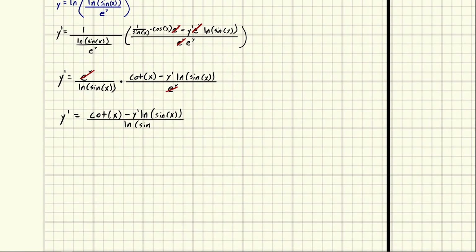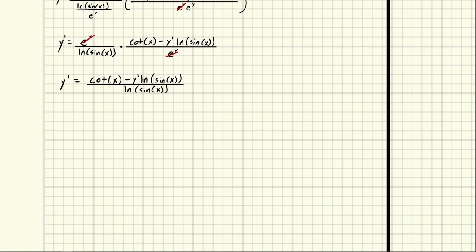This is where I am sorely tempted to do mental math, but it can really bite you if you jump the gun. Our whole goal here is to get these y primes together so we can factor out the y prime and then divide out what remains. So I'm going to get rid of the denominator by multiplying both sides, and we wind up with y prime natural log of sine x equals cotangent x minus y prime natural log of sine x.